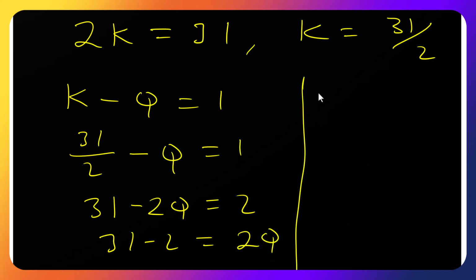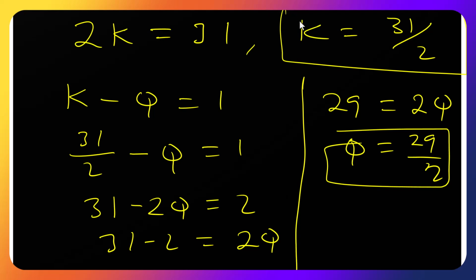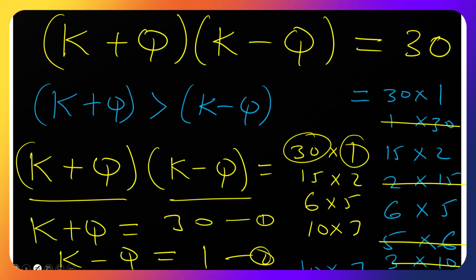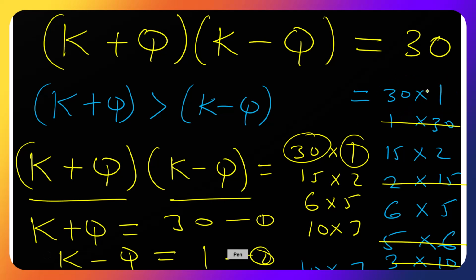So we have 29 equals 2q. Therefore, q will be 29 on 2. So we have the first solution. We are done with this 30.